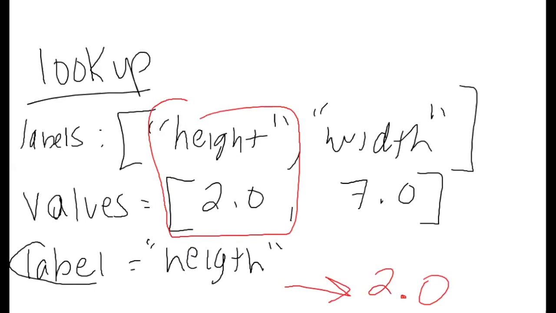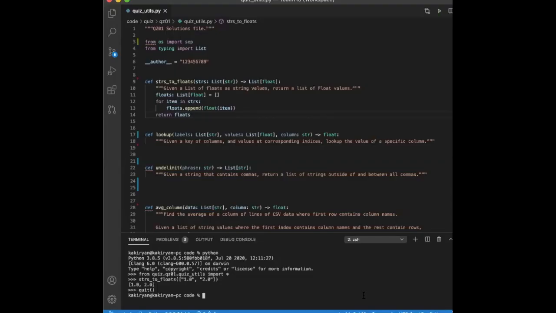All right, so let's look at some code for this. I'm just going to rename this. You can think of the strings as labels or columns, but I'm going to rename it to be column because that will make sense for one of the later functions that we write.